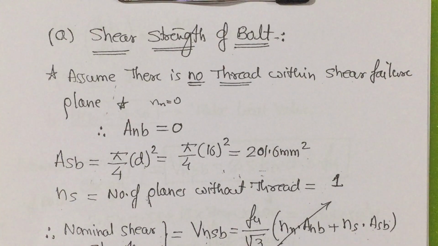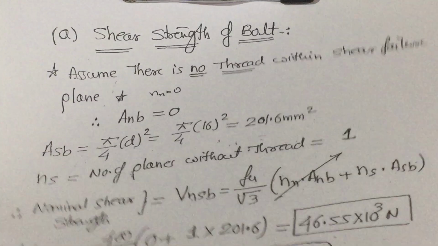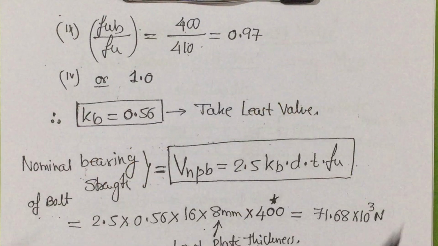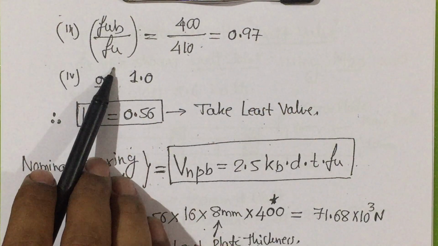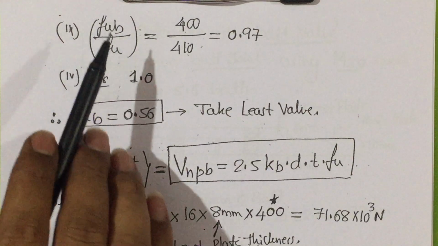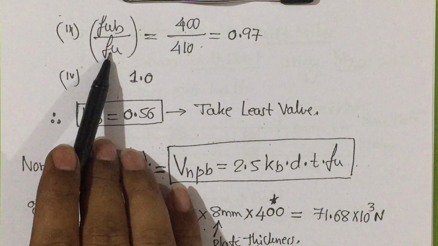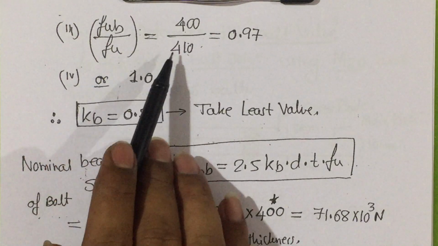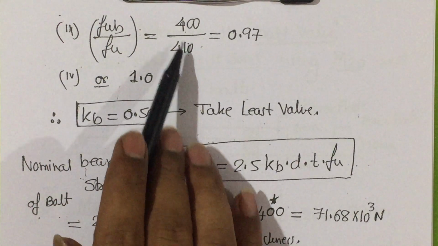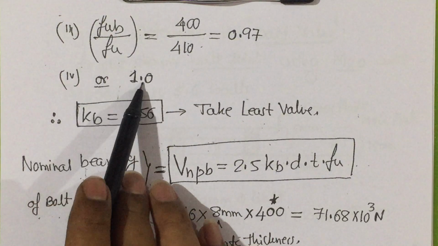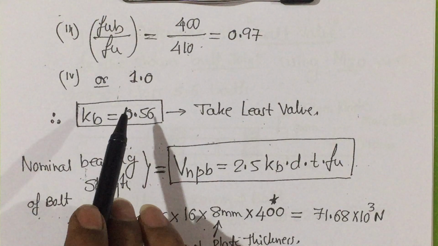Then FUB by FU, that is ultimate tensile stress of the bolt, it is 400, and FU is the ultimate tensile stress of the plate. Plate is always 410. So, 0.97. And the fourth value is 1.